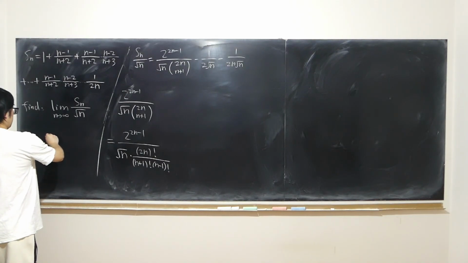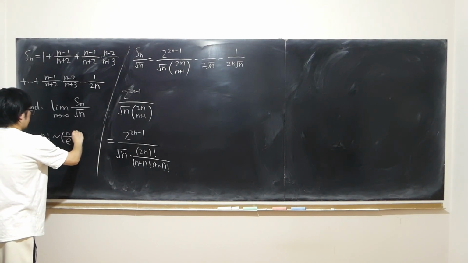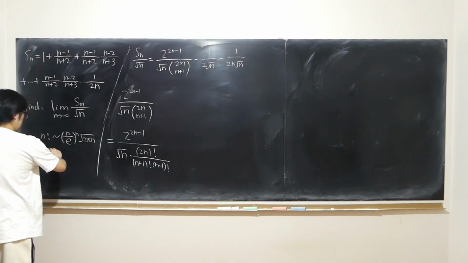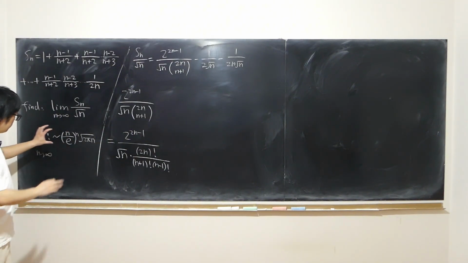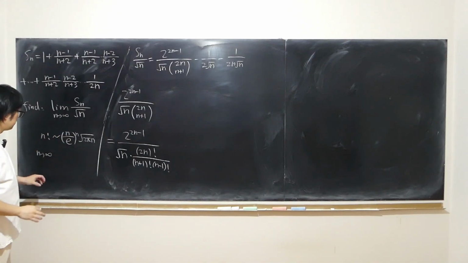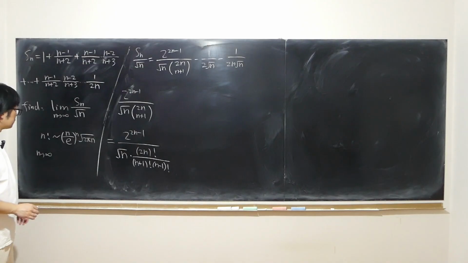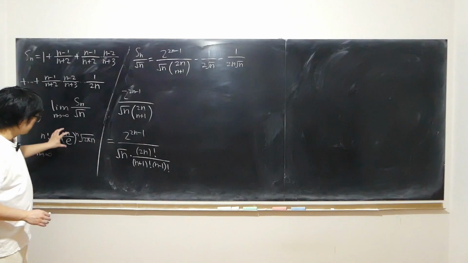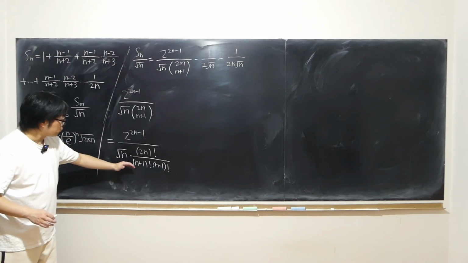Stirling says n factorial is n over e to the power n times square root of 2 pi n, as n approaches infinity. Both being infinitely large, they're equivalent, meaning this divided by this will approach 1. So every time you see factorial, you can replace it with this one, under multiplication or division, not addition or subtraction.